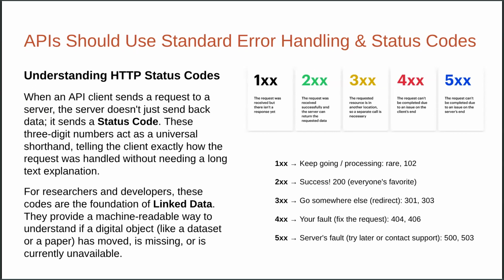Another maybe under-heralded aspect of the web architecture is the error codes and the error code handling. This is very important, and I'll show this a little bit later in some examples, where these error codes show up and how they work in supporting the web architectural approach, the fairness and things like that of APIs.